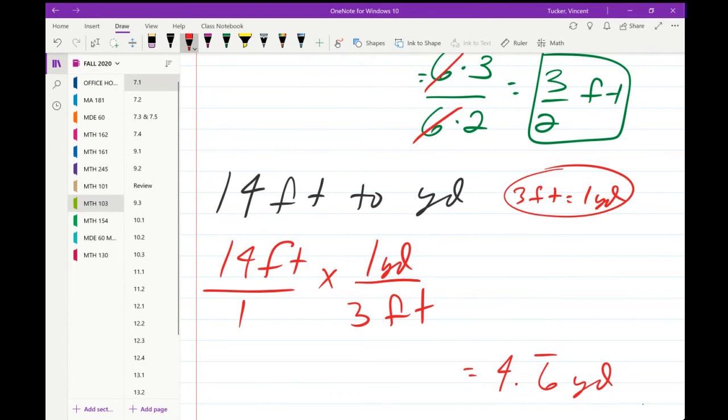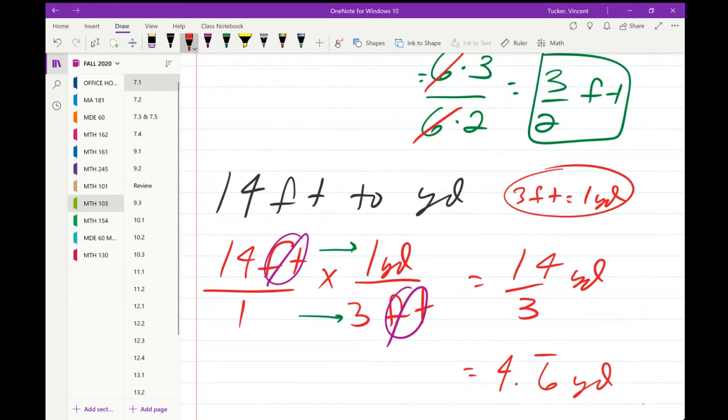All right, any questions on that? Feet cancel, multiply across. That'll be 14 over 3. And we're in yards because that's the measurement that's left. That's what you needed as well.